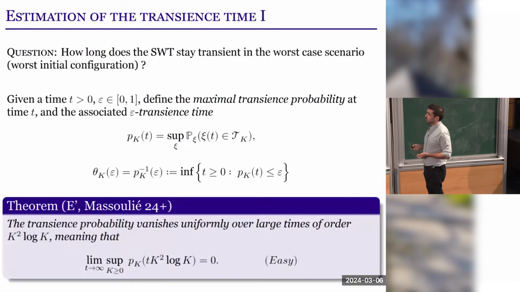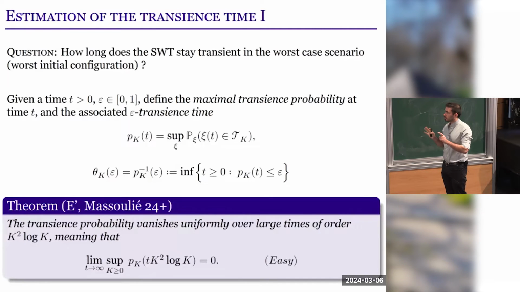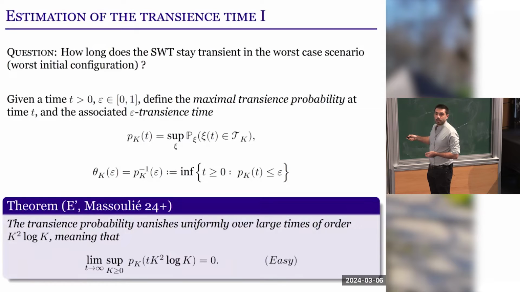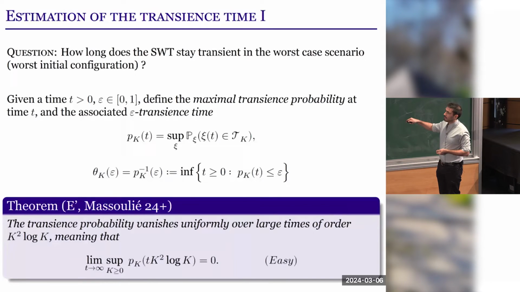So the first result that we obtained with Brune, which is fairly straightforward, is not the hardest one, is that the transience probability, so this quantity here, vanishes uniformly over time scales of order k squared log k. What that means is that if you take the transience probability at time t k squared log k and you let t go to infinity, then this goes to 0.